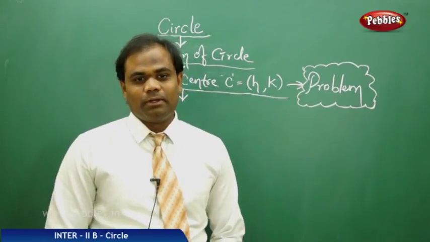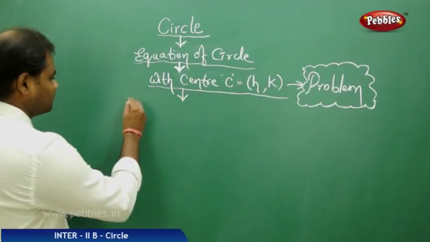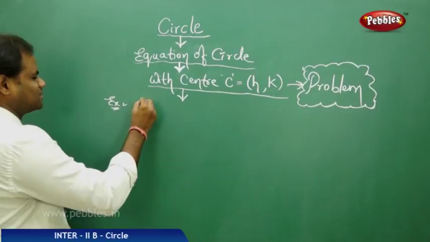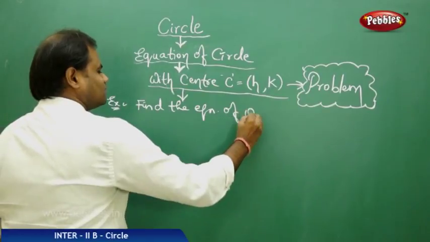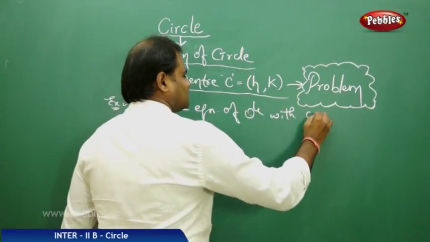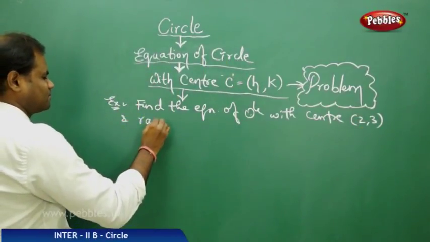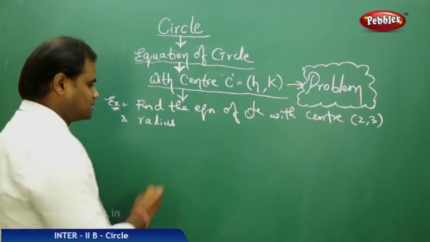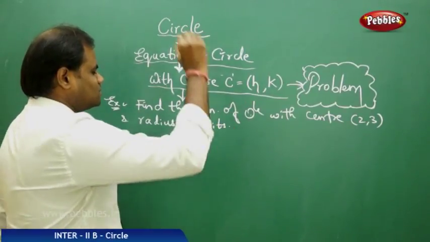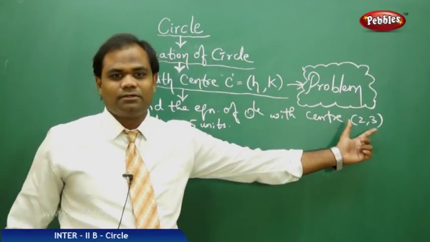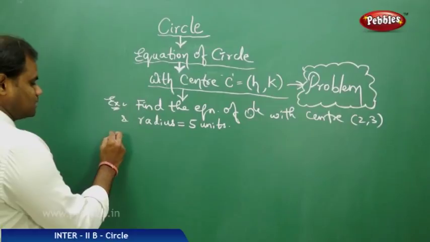Let's see an example problem to support the equation of a circle with center h, k. For example, I have a problem which says: find the equation of the circle with center 2, 3 and radius equals 5 units. I clearly have the center which is non-origin, that is 2, 3, and my radius is 5 units.